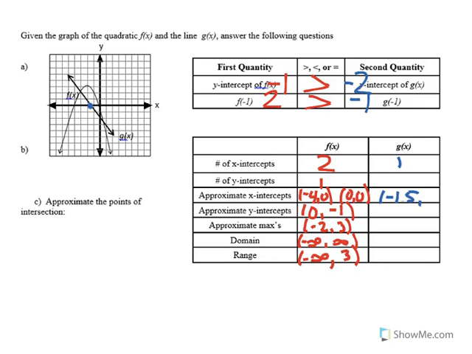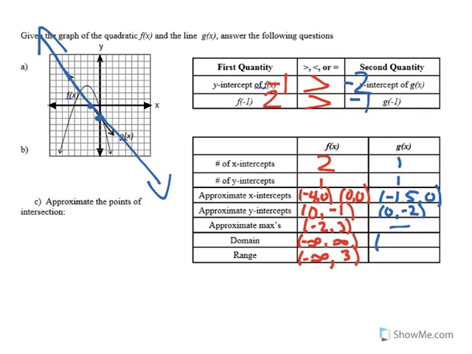Let's look at the y-intercept. It intersects the y-axis right about -2. And it only had the one y-intercept. Approximate maximum, well, it goes forever up and to the left and it goes forever down to the right, so there is no maximum value.